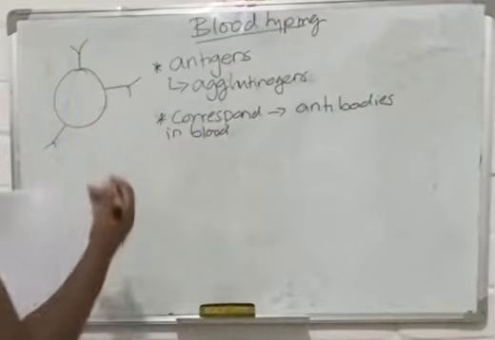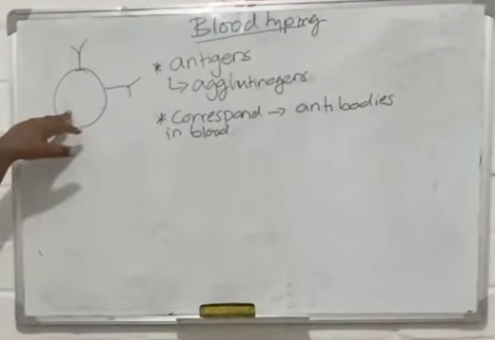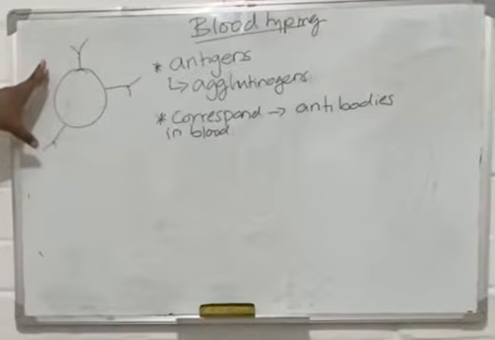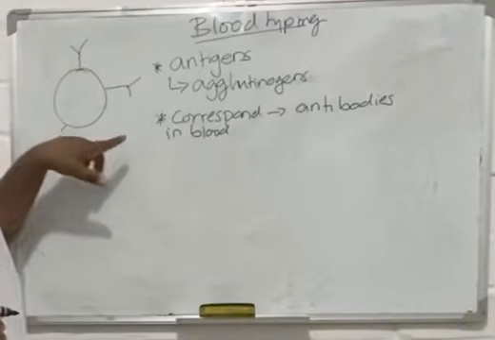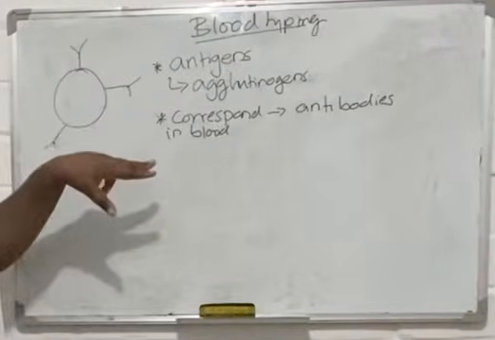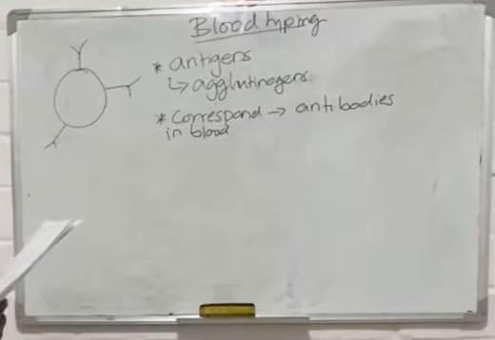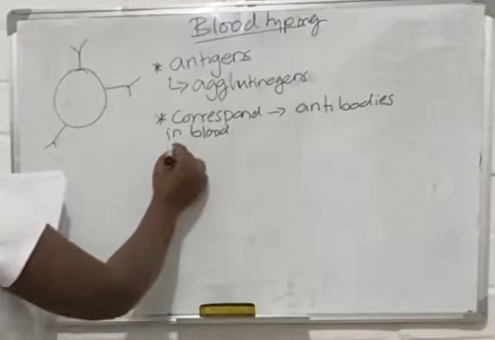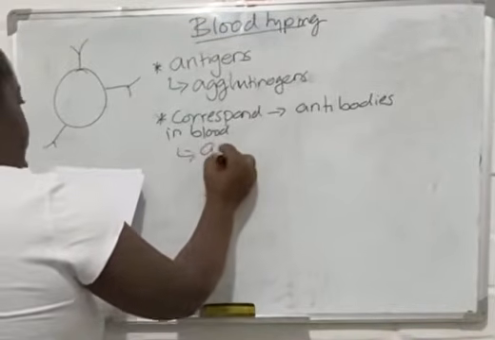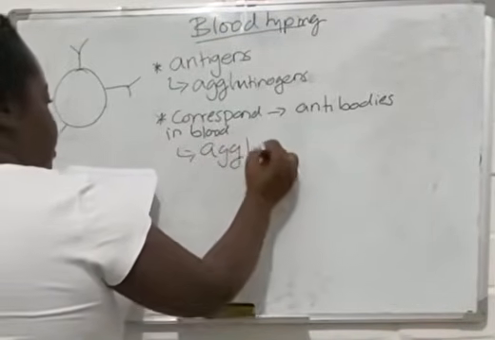Now, each person has red blood cells that have specific agglutinogens that have antibodies in the blood that correspond to these agglutinogens. These are known as agglutinins.